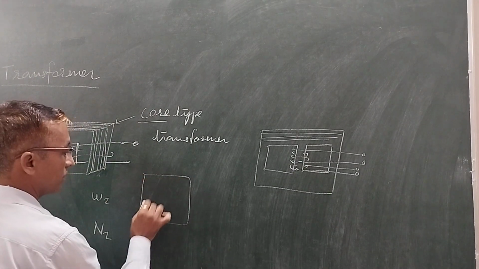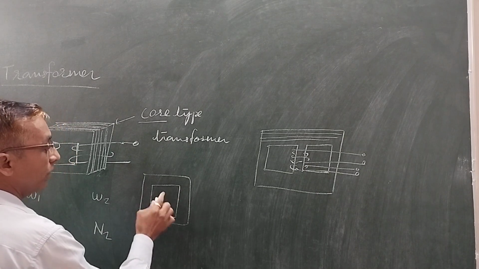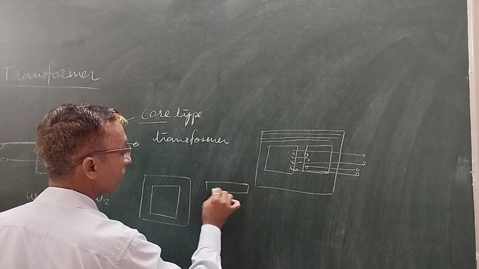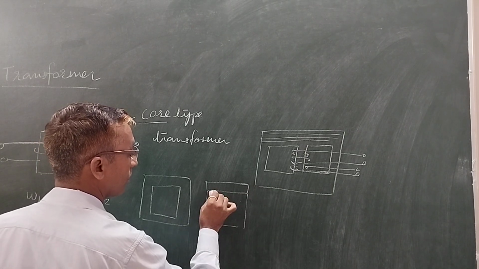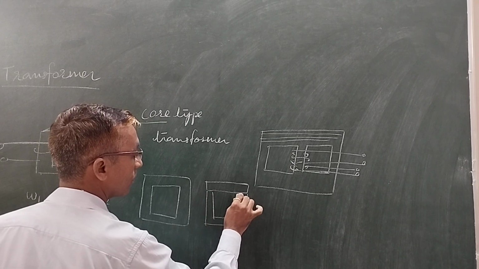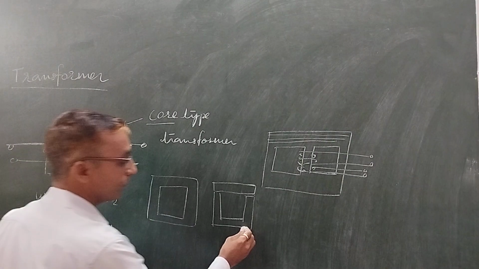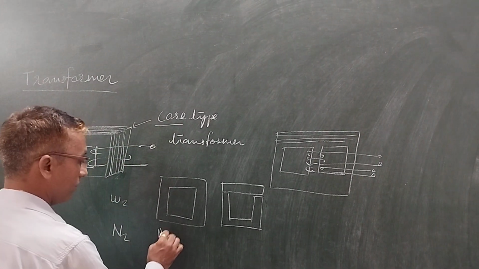Stamping is of such size. There are a number of C-shaped stamping, C and I-shaped stamping, right? This is I-shape and this is C-shape. And they are connected together to form the core. And the core is of magnetic material.